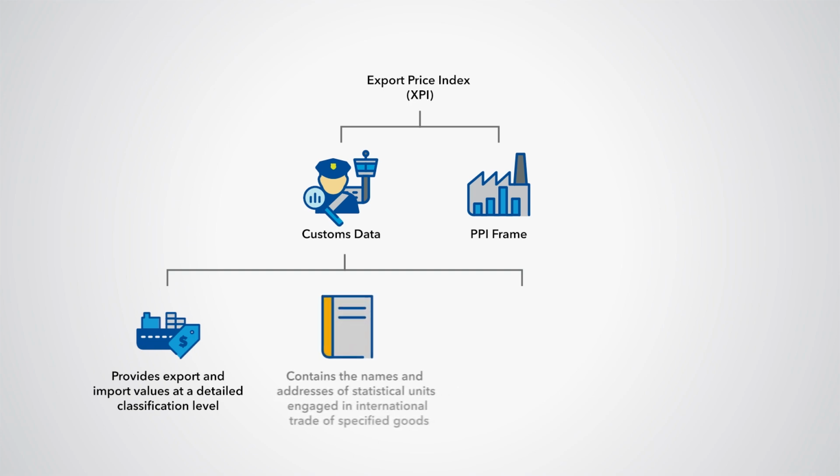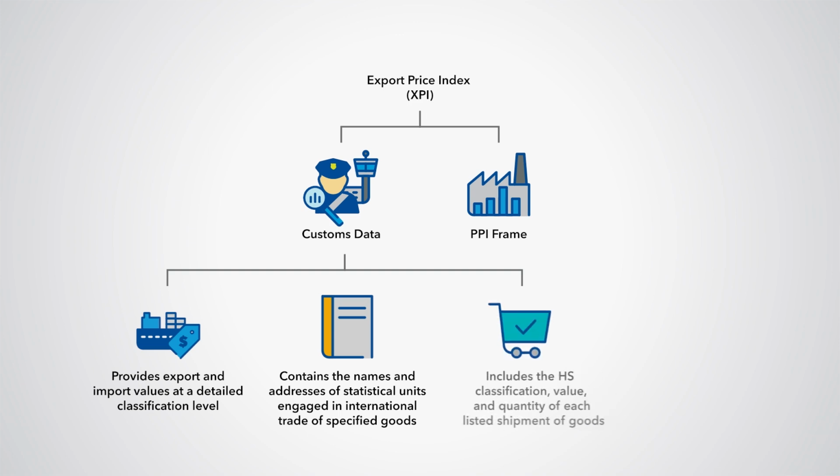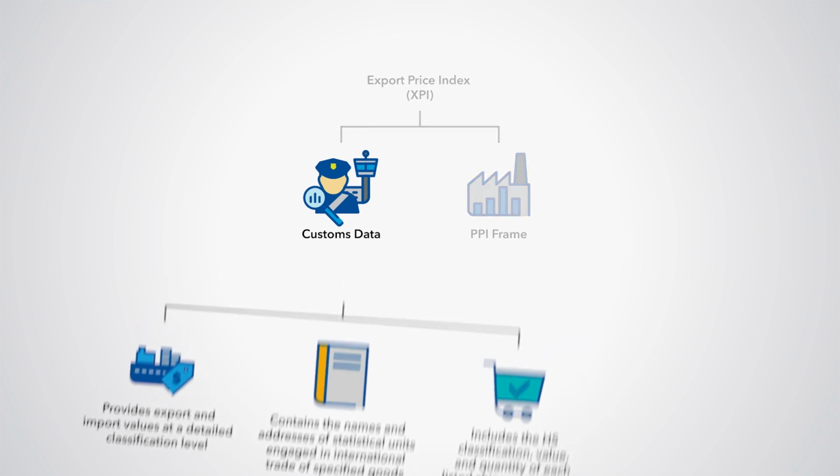Customs data contain the names and addresses of statistical units engaged in international trade of specified goods. They also include the HS classification, value, and quantity of each listed shipment of goods. They provide nearly complete coverage of merchandise transactions updated each month.